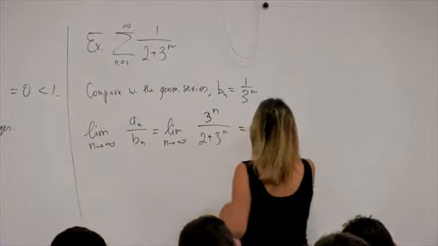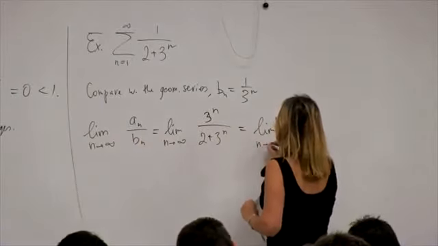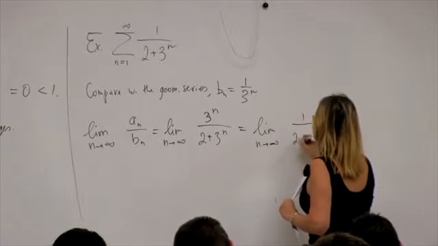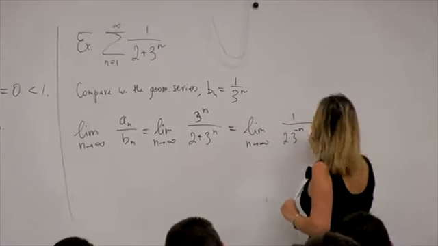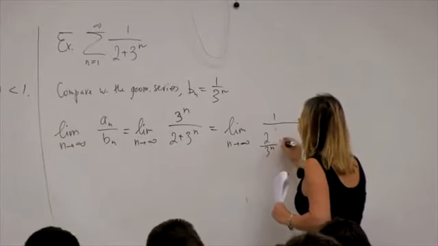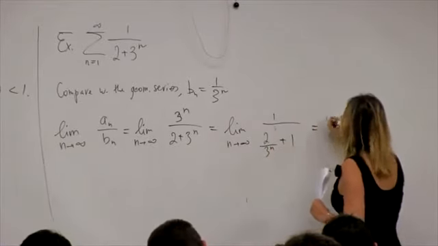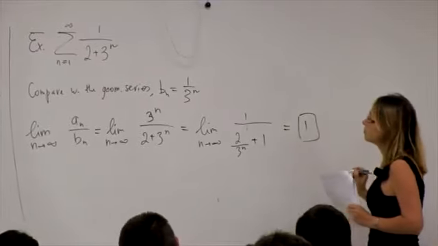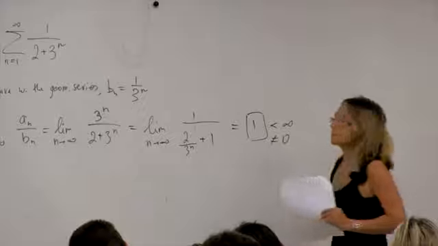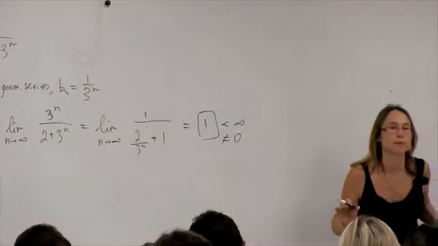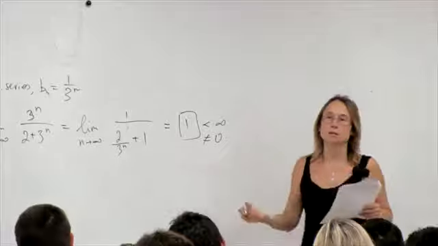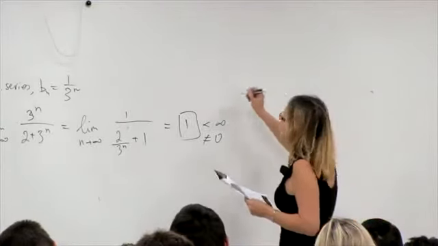I can, for instance, divide the whole thing by 3 to the n: 2 over 3 to the n plus 1. And the limit is 1, and is not equal to 0 and is less than infinity. That's all I need. It means that the two series behave similarly in the context of convergence.